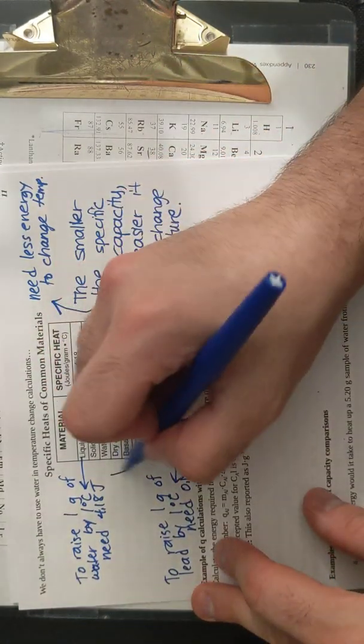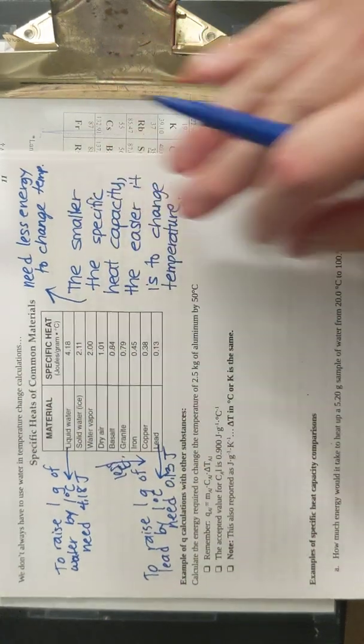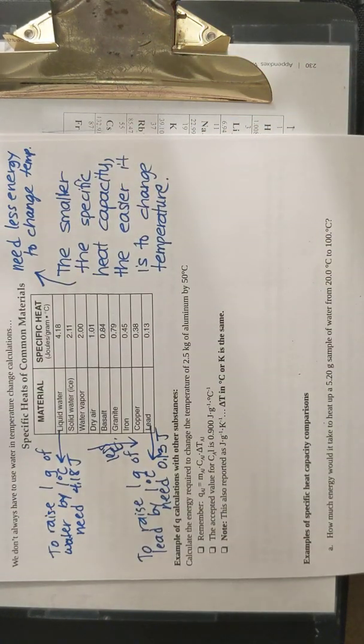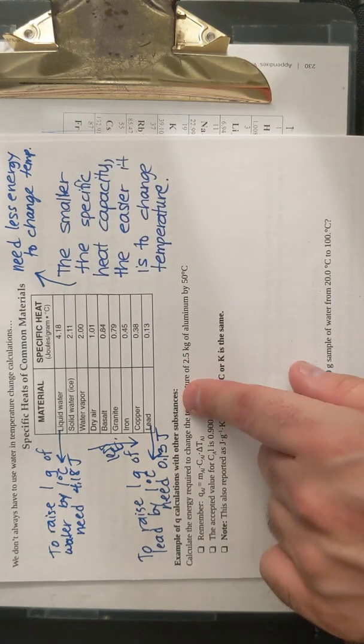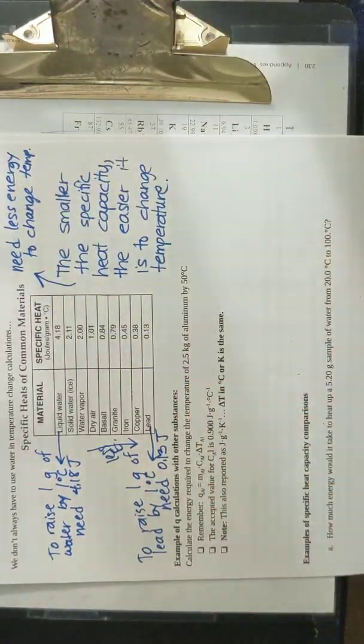That's less energy for lead. And we could prove that, and we could do calculations, and we're going to see that lead would raise to a higher temperature. So for the same amount of energy, these would raise to a higher temperature than the ones on top.